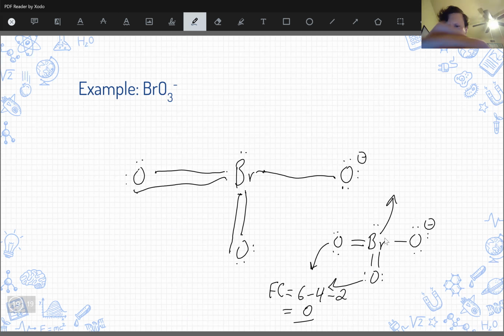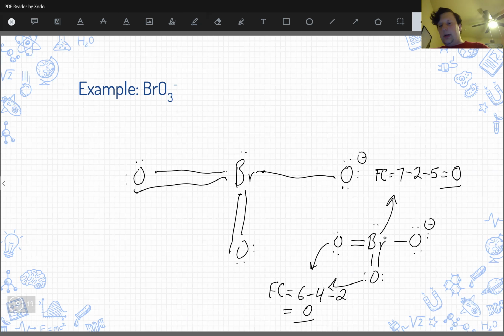Is our center atom 0? Let's check. So the formal charge of bromine, we have 7, because bromine has 7 valence electrons, minus 2 non-bonding electrons, minus 5 bonds. We got 0.